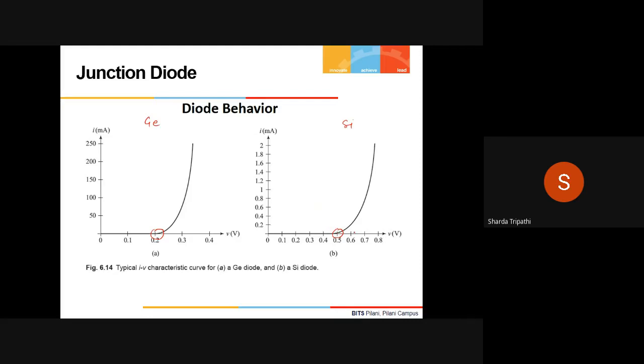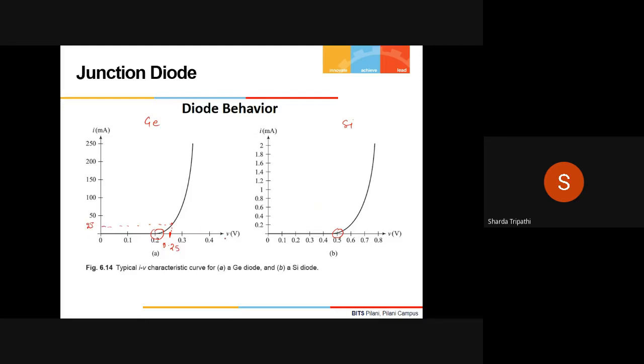What does that mean? That means for a given value of voltage, the germanium diode will have large current compared to the silicon diode. What do I mean by that? So for example, I want to see what is the current flowing through the germanium diode at 0.25. So this will be somewhere over here. This is something like, say for example, it's 25 milliamperes.